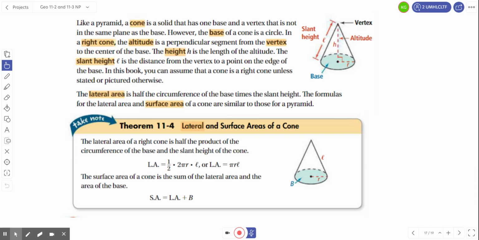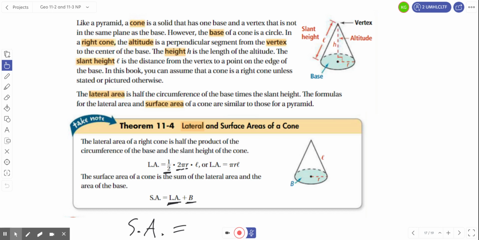So again, they like to write these formulas as the lateral area plus the base, which is true, but I like to put it all into one formula for you. So the surface area, and this is kind of nice because we do 1/2 times 2 times pi times r to get the lateral area.